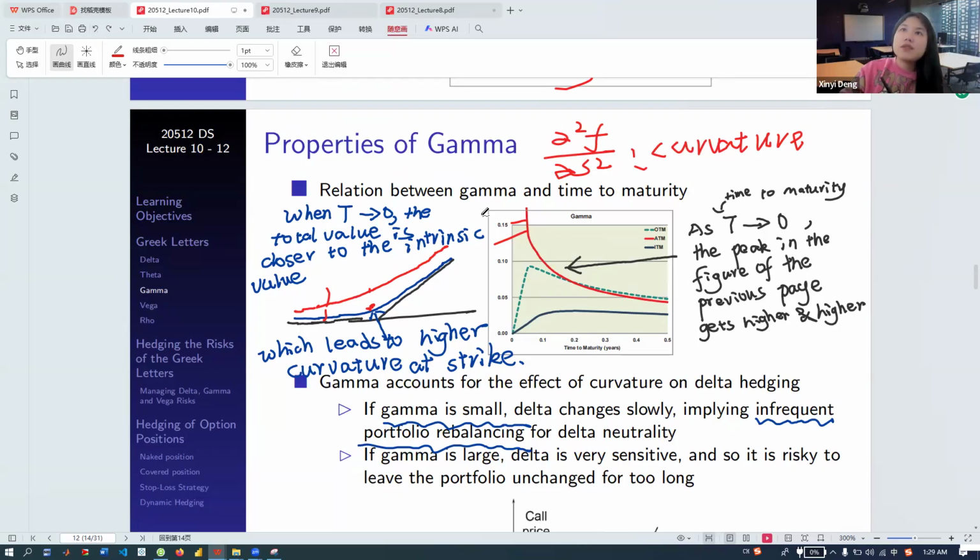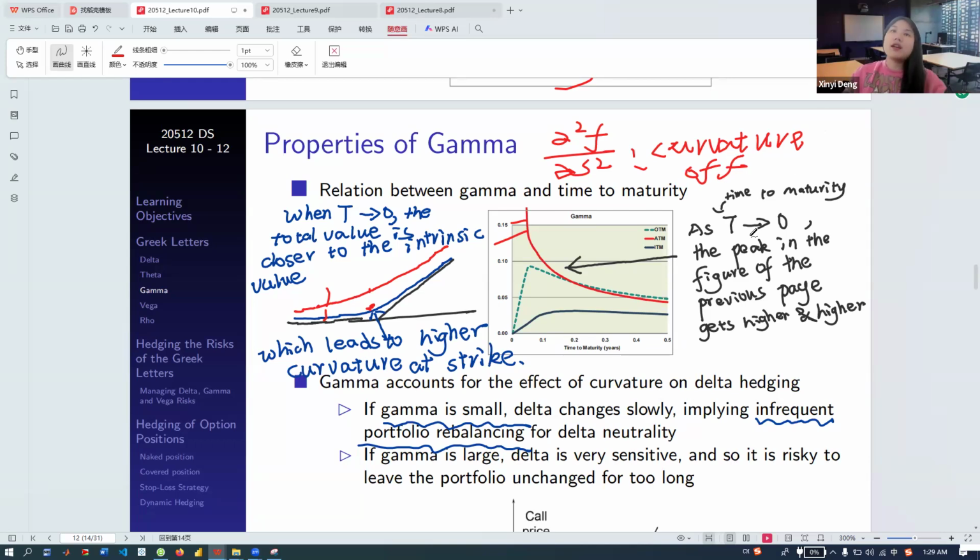So that's curvature of F. And we can see that the blue line obviously has a greater curvature, right?